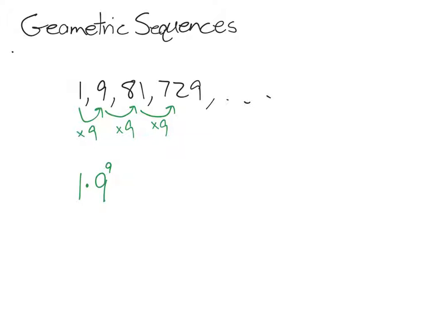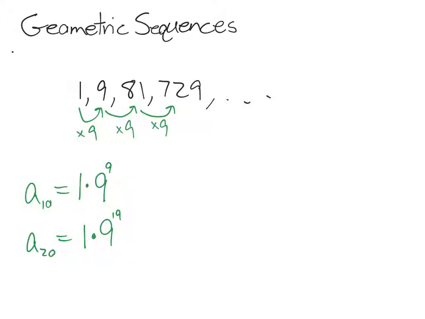That would be my a sub 10 in this case. So a sub 10 would be 1 times 9 to the 9th. If I wanted the 20th term, I would have the first term times 9 to what power? 19. The 19th, because I have to take 19 steps to get up to the 20th one.